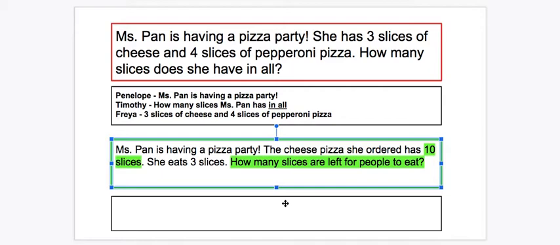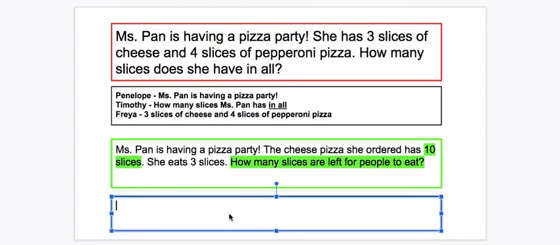The cheese pizza she ordered has 10 slices. She eats 3 slices. How many slices are left for people to eat? One more time. Really close your eyes and think about what is happening in this story.